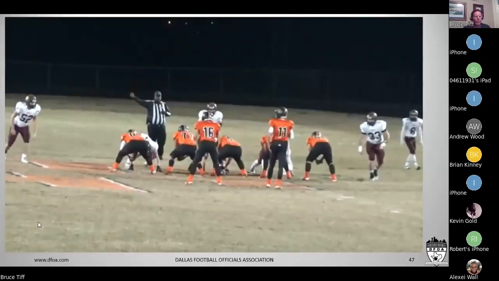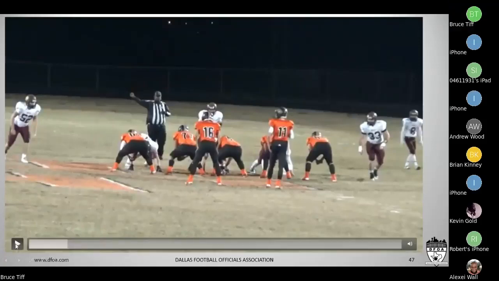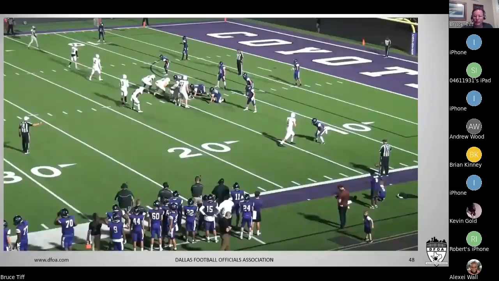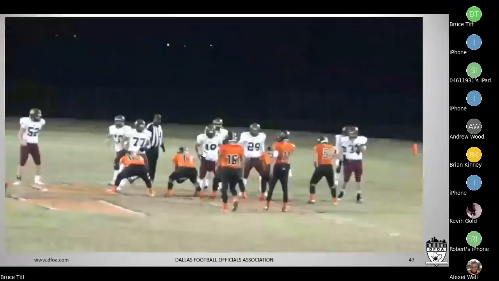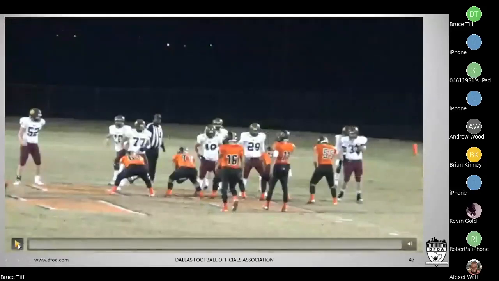So let's play it and see what we get here. Watch number 16 primarily. If you saw that block there, it sure looks like from the side.